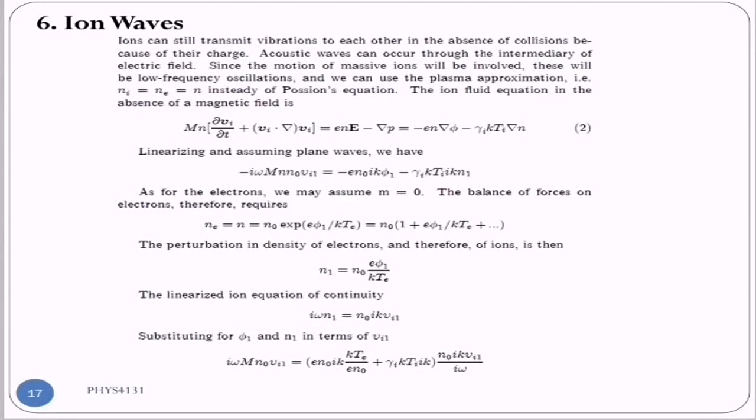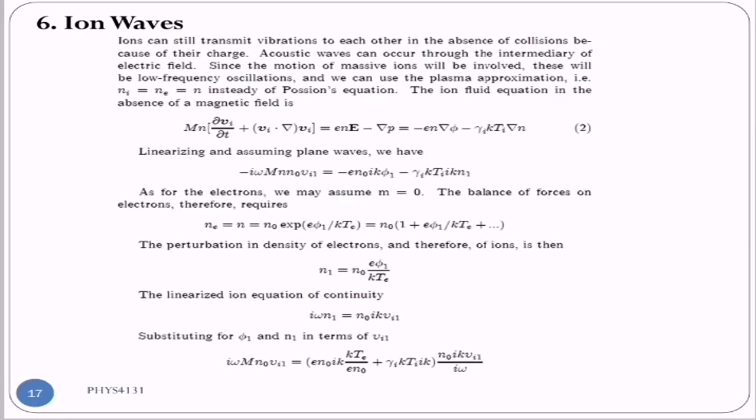Linearizing and assuming plane waves, we have the equation minus iota omega M n naught vi1 is equal to minus e n naught iota k phi 1 minus gamma i kTi iota k n1. Since electrons are light compared to ions, we assume that m is equal to 0.